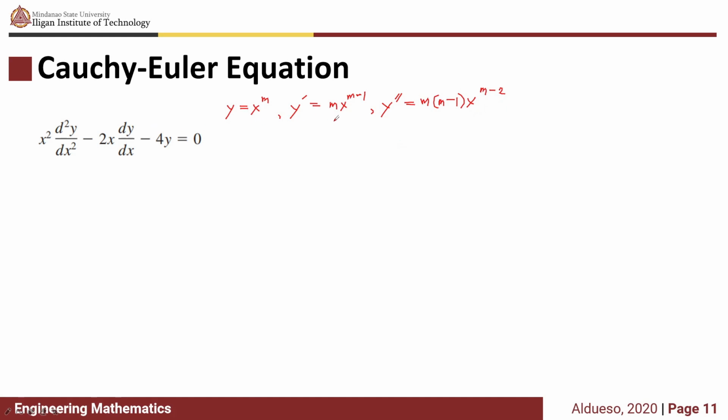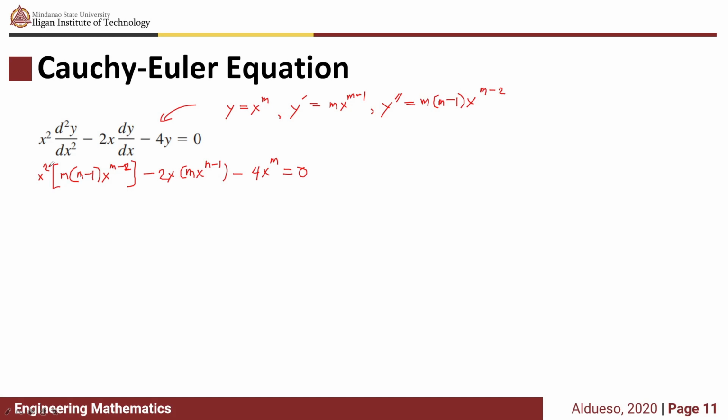Substituting into the second order differential equation, we have x squared times m times m minus 1 times x to the m minus 2, minus 2x times m x to the m minus 1, minus 4x to the m equal to 0.